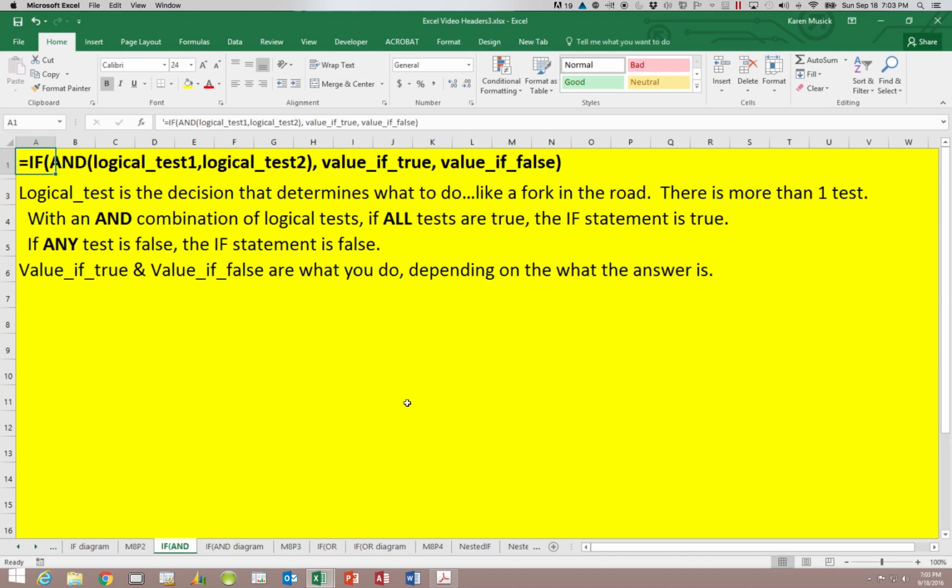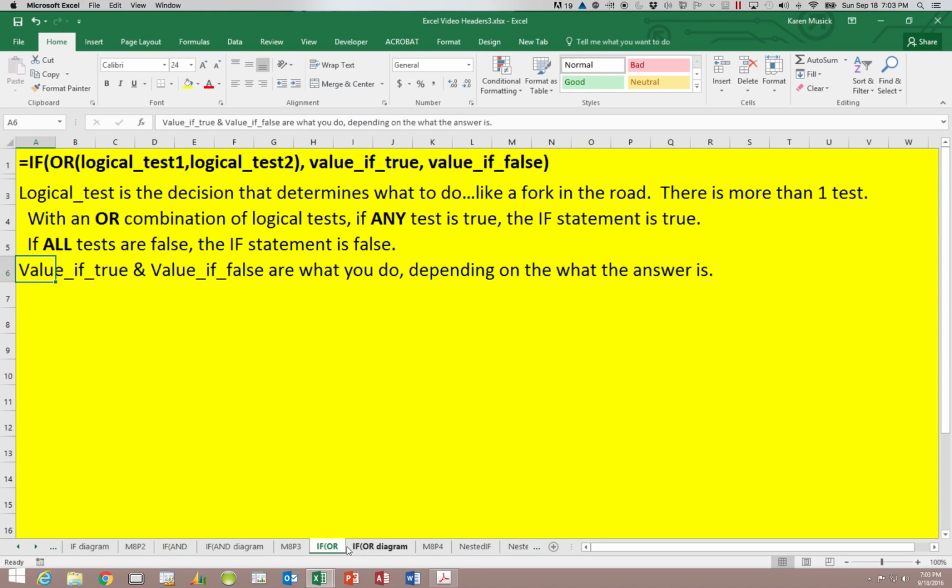If any test is false, then the entire if statement is false. If we look at the if or, if any test is true, our if statement is true. And all tests must be false for the if statement to be false. So make sure you review both of those. You will definitely see one of these two formulas on your case exam.